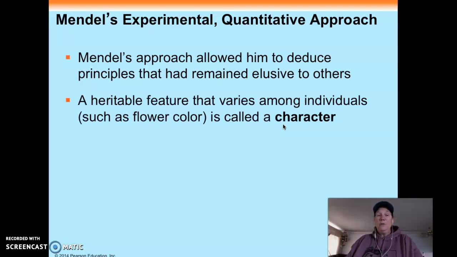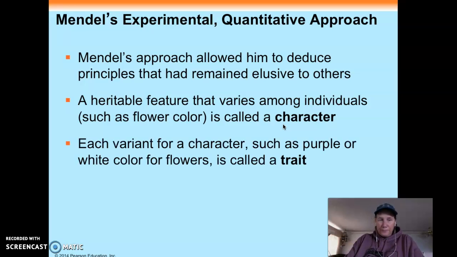Okay, he knew that there were things that we inherited. Okay, there were features, and he called them characters, like flower color if you're talking about peas. For people, it might be hair color or eye color or whatever. So we have characters, he called them, that we inherit from our parents. And he said each character has a variant.